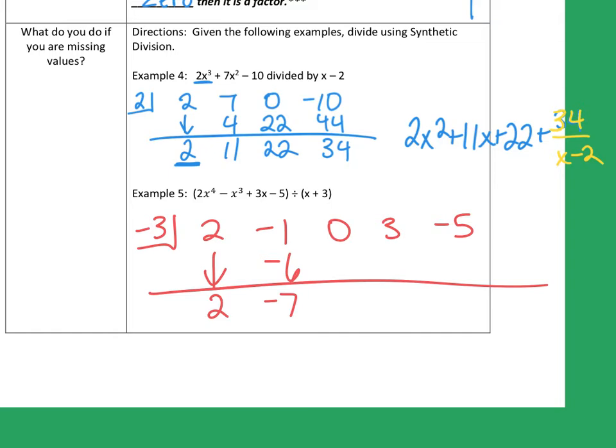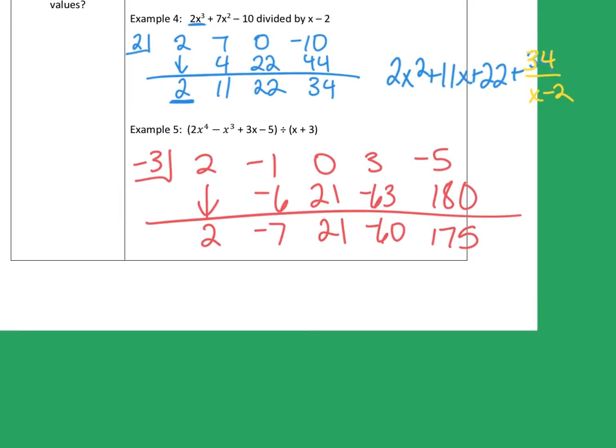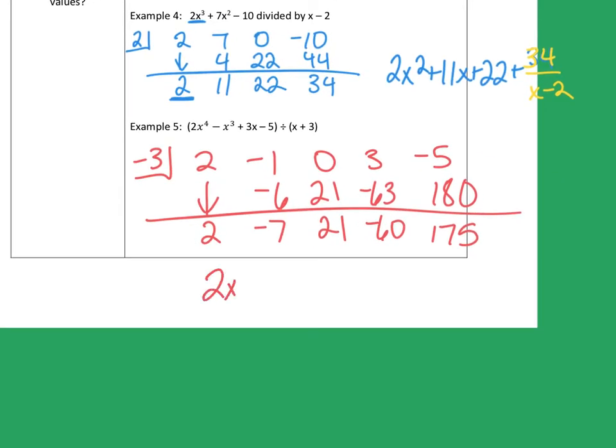Negative 7 times negative 3 is 21. 0 plus 21 is 21. 21 times negative 3 is negative 63. 3 minus 63 is negative 60. Negative 60 times negative 3 is a positive 180. And we got a pretty big remainder there. So this should have been 2x to the 3rd minus 7x squared plus 21x minus 60 plus 175 over x plus 3.